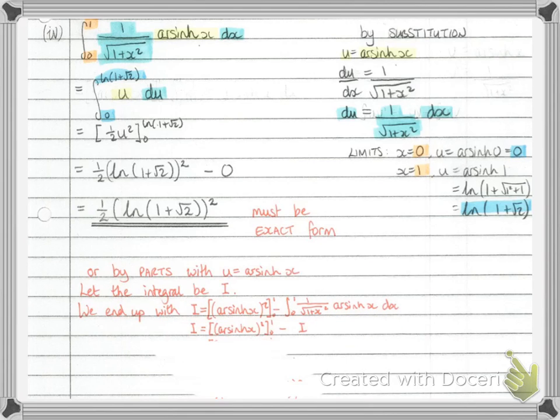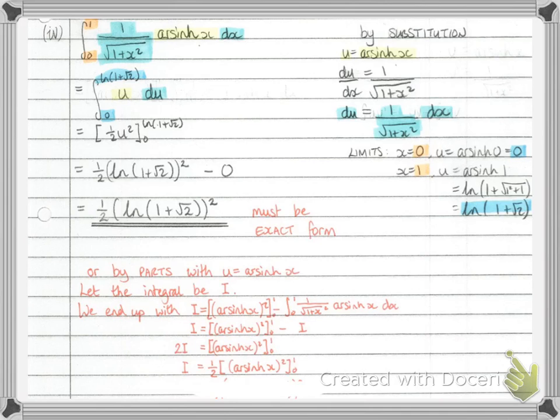So what we can do is to say that the integral we're looking for is arcsin x squared, evaluated between 0 and 1, minus the integral we're looking for. So if we add the integral we're looking for to both sides, we get that 2 lots of the integral we're looking for is arcsin x squared, evaluated between 0 and 1.